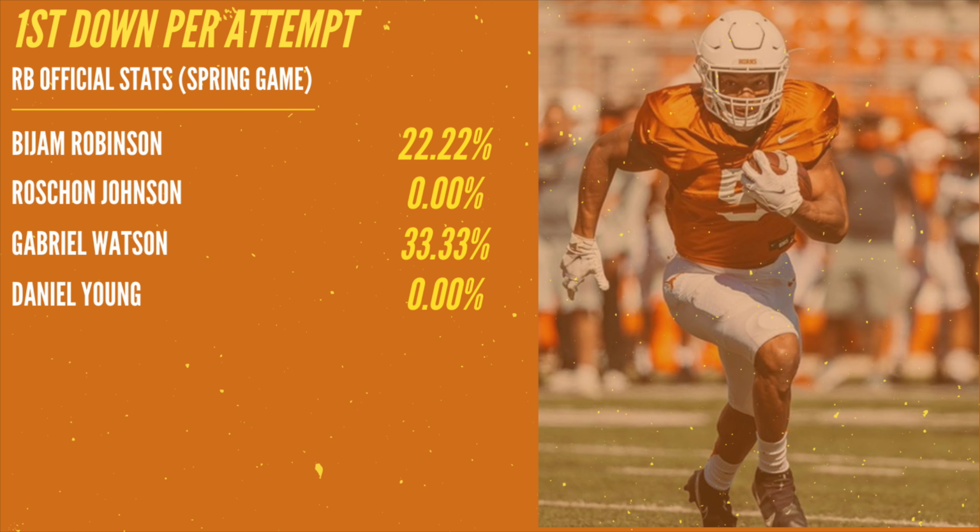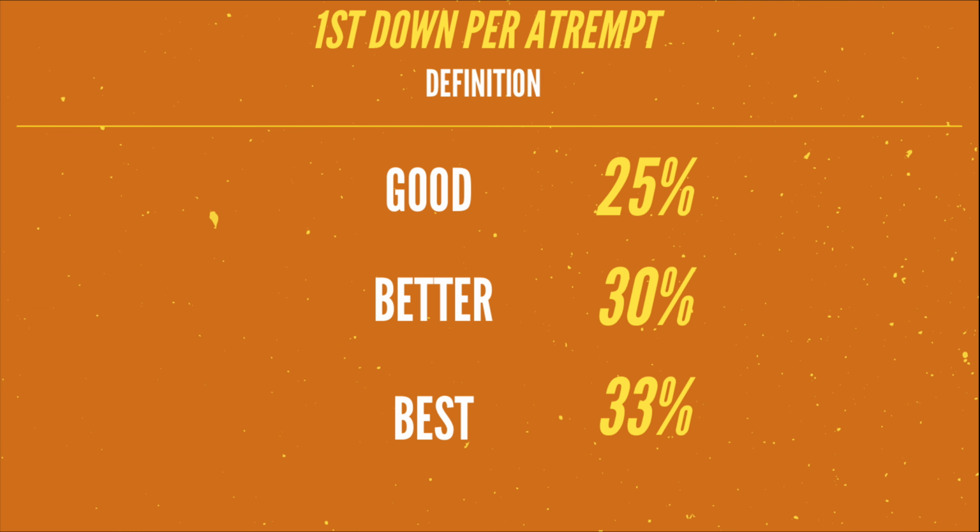The next guy on the list is Roschon Johnson. He had 0 first downs, guys, so 0 first down per attempt. And Gabriel Watson had 3 first downs, and 3 out of 9 is 33.33% first downs per attempt, and that's what you want that number to be for a running back.